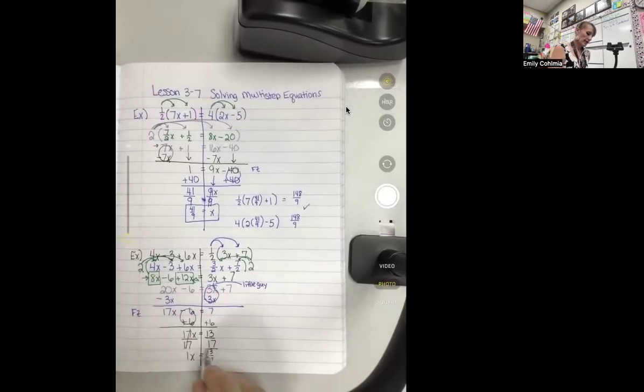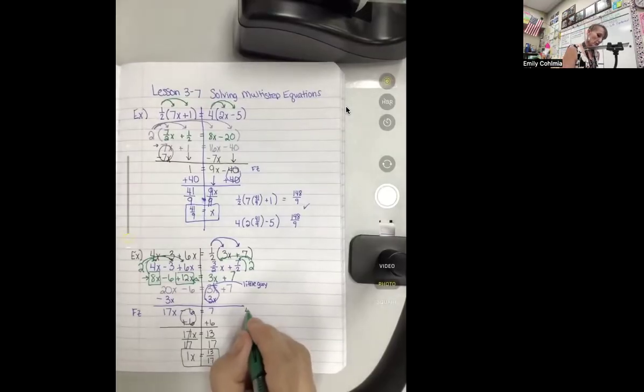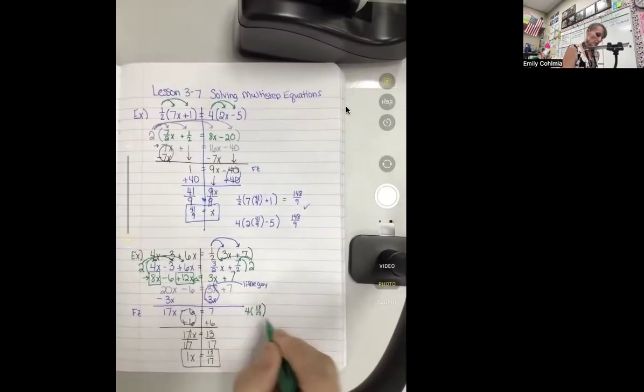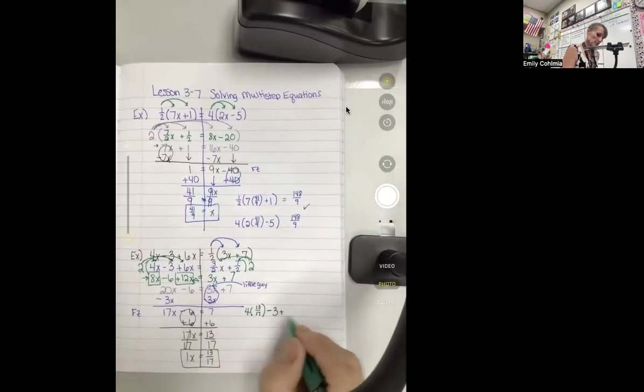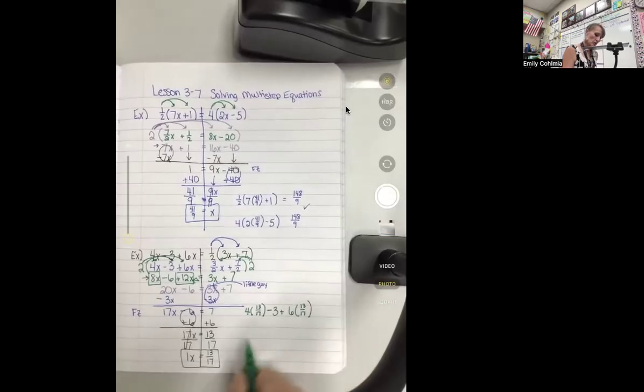Okay, so we have our answer. Now let's go back and see if our answer is correct. So we're going to plug it back in and check. Remember, we have to go all the way back to the beginning. So we're going to do 4 times 13 over 17 minus 3 plus 6 times 13 over 17. So that's our one side.